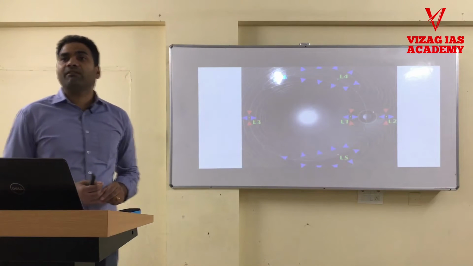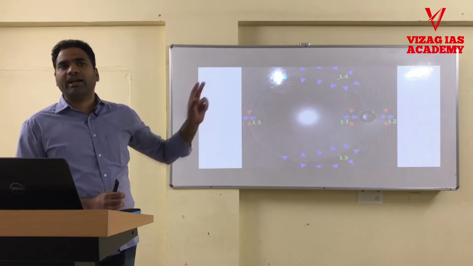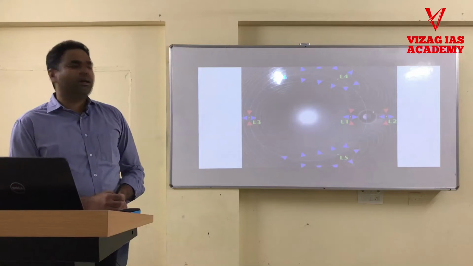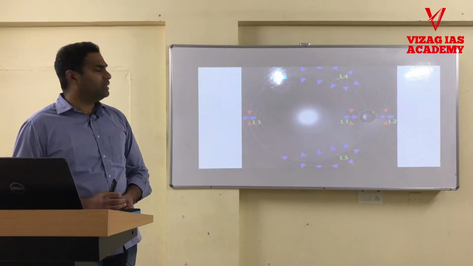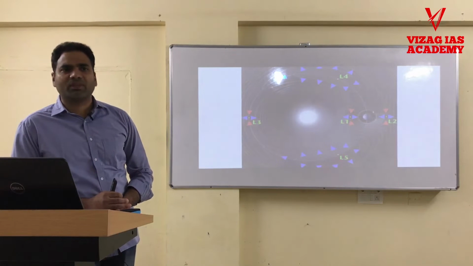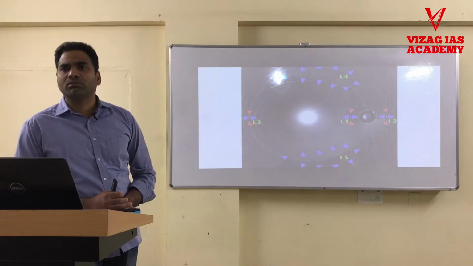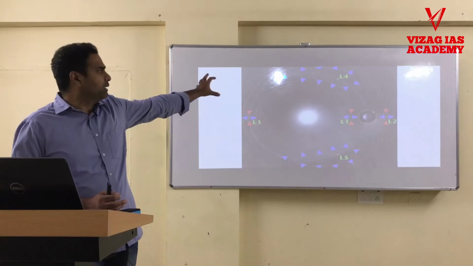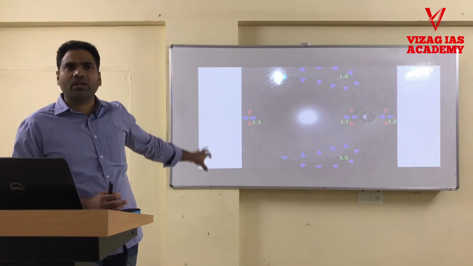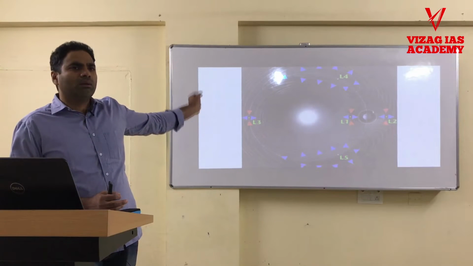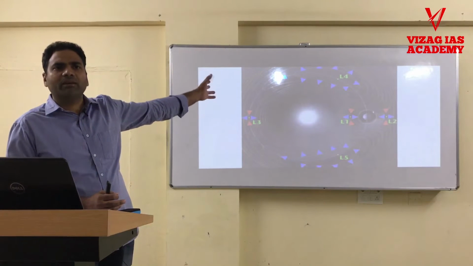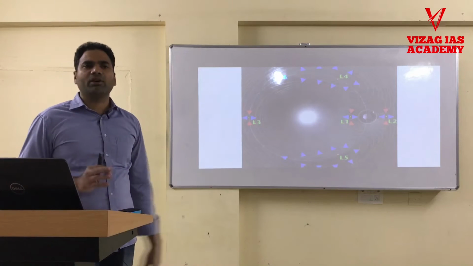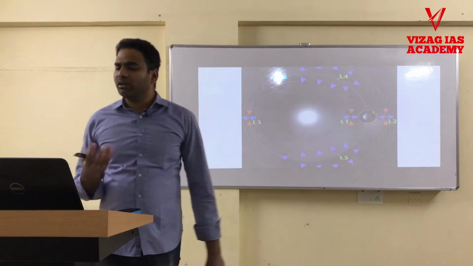So L4 and L5 are self-correcting Lagrange points, and much more stable, and they are also called Trojan zones. Jupiter's moons, a couple of other things, they all get gathered there, L4 and L5. Anything you want to be there forever, for some time, you can park it there. So this is the overall L4 and L5 in simpler terms. If you go deeper, it will be a complex concept.